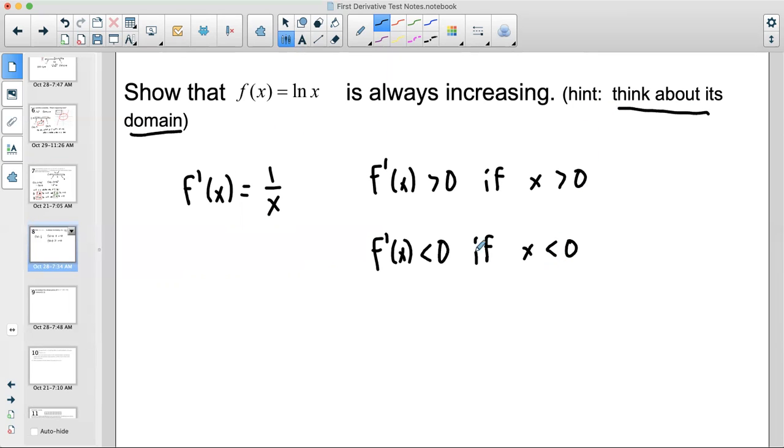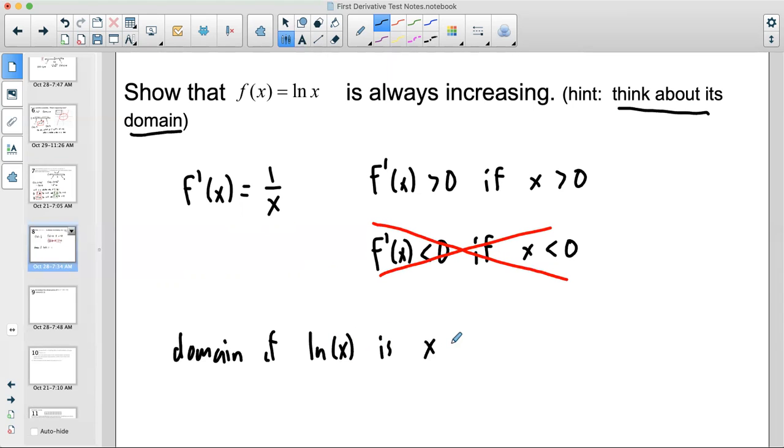I don't have to worry about these because the domain of the natural log, the domain of any logarithm, but the natural log in particular here, is all the x's that are greater than 0. You can't plug a negative number or a 0 in here because it just doesn't work. This thing is defined as only having a domain of x greater than 0.